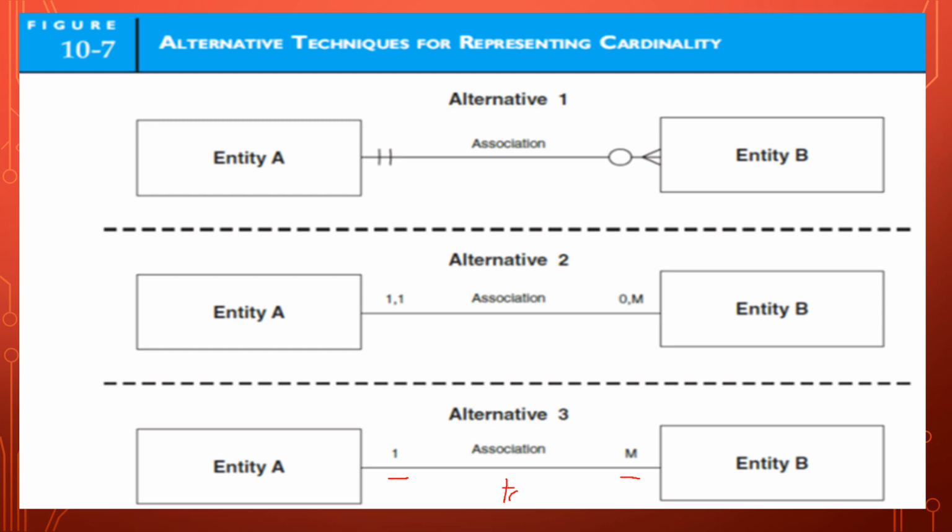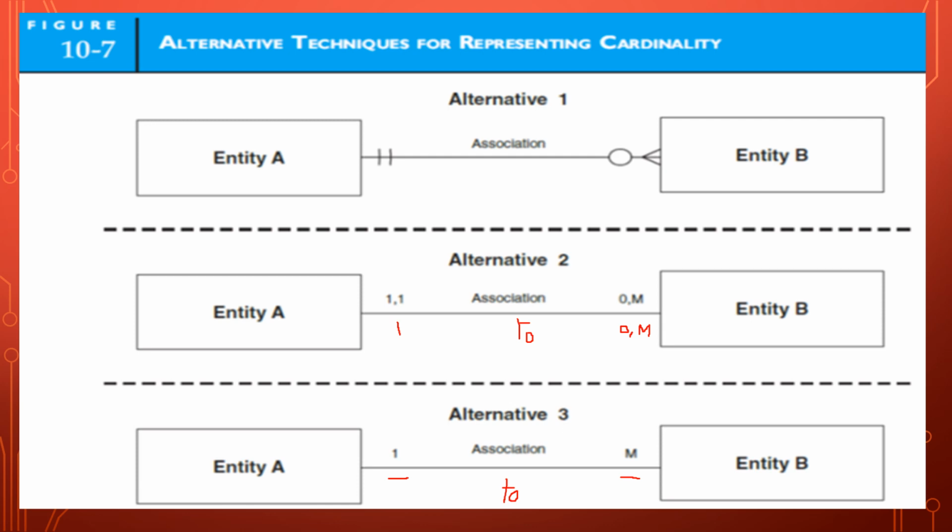To read this association, the second alternative, in the middle, puts 0 comma m, which means many, or 0 to 1, or 1 comma 1, which means one and only one.